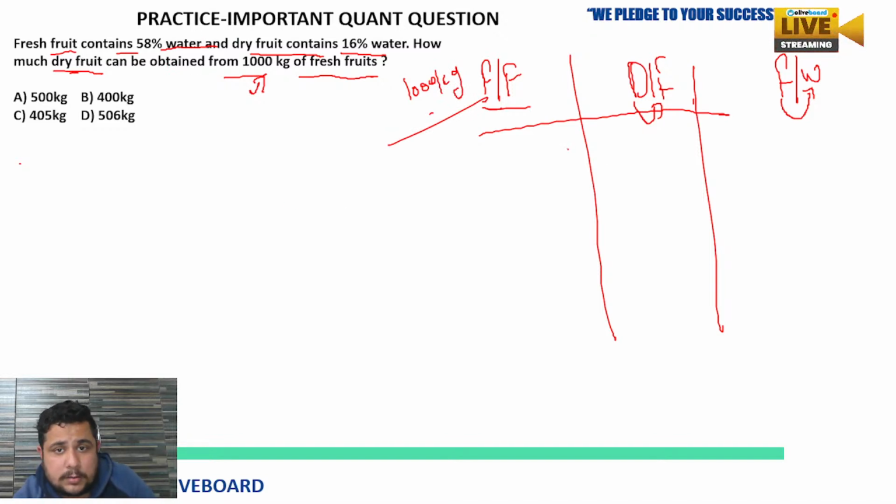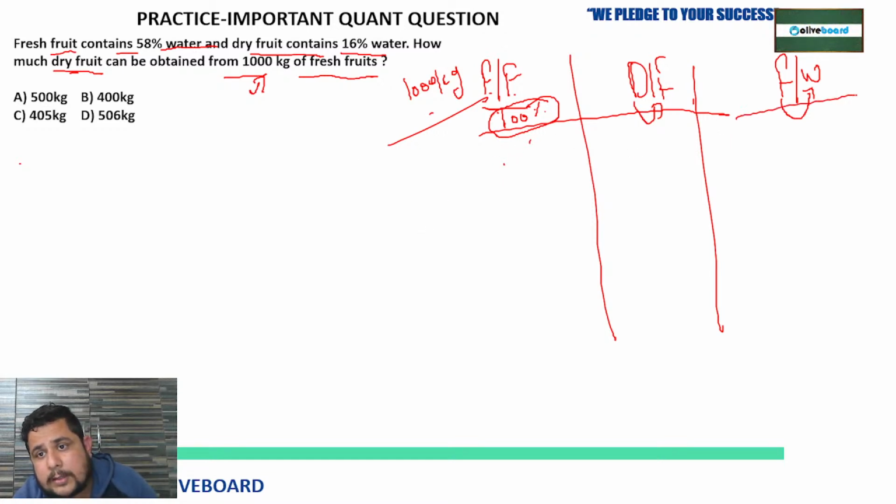58% water. Okay, so we are talking about the quantity of 100% fresh fruit. If 58% water is there, so in each 100% of fresh fruit there will be 58% water.